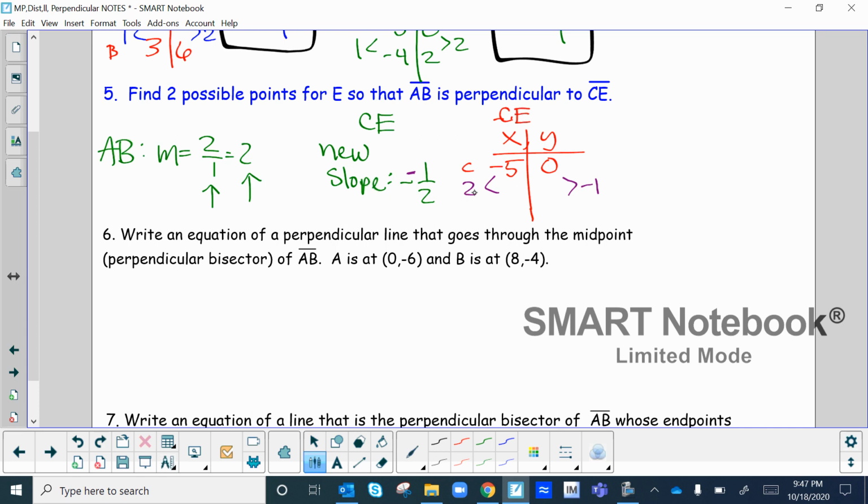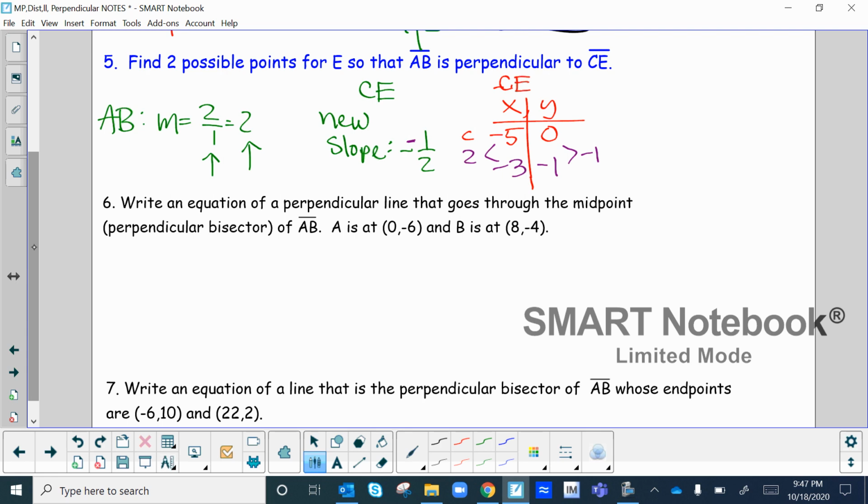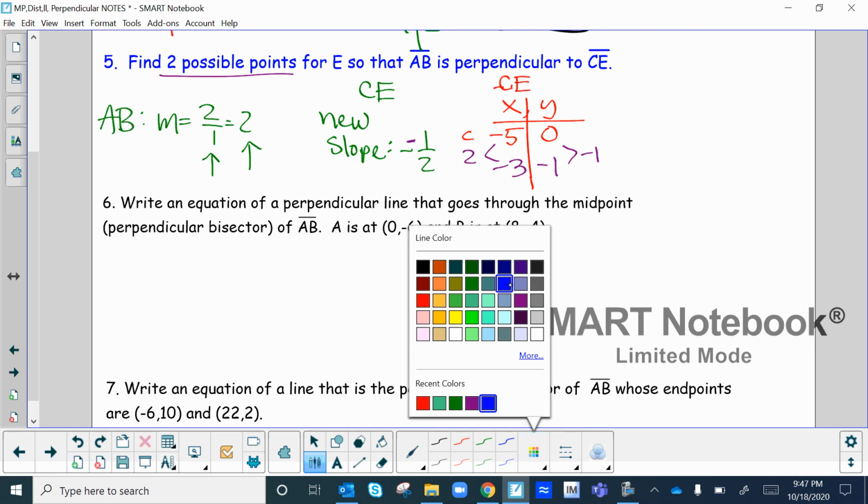All right. So the -1 means it goes down 1. So that means the next one's going to be -1. And this is going to go up 2. So don't get confused with negative. Up 2 will be to -3. Okay. And then you can do that one more time because we need two possible points. And you can keep it going, and you can also go in the opposite direction. So let me get a different color. Let me get blue.